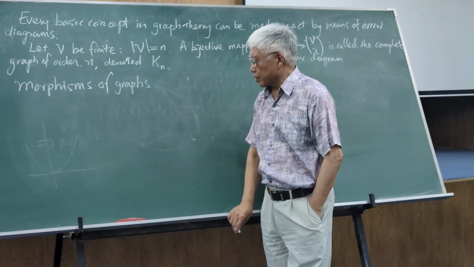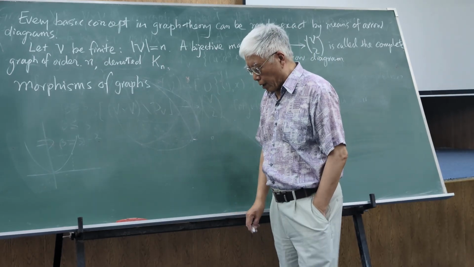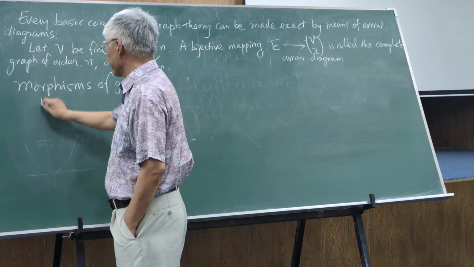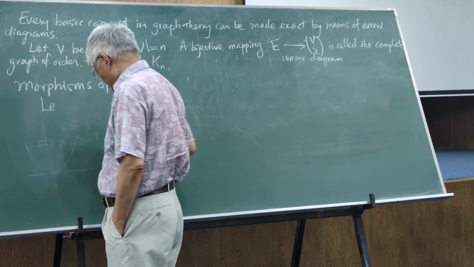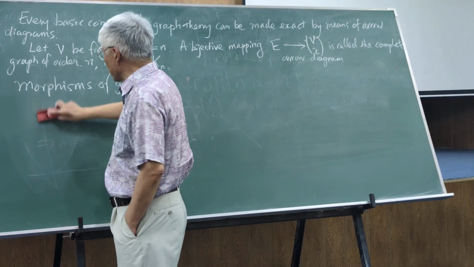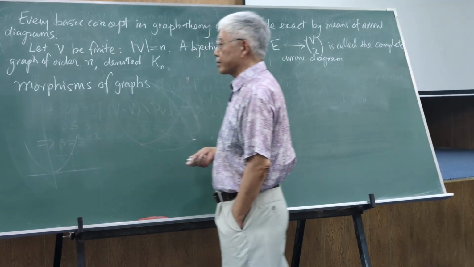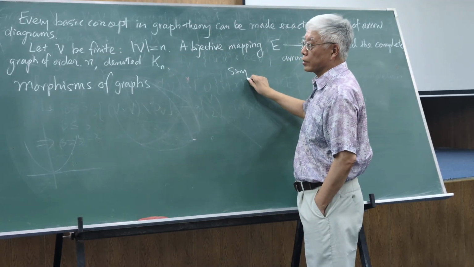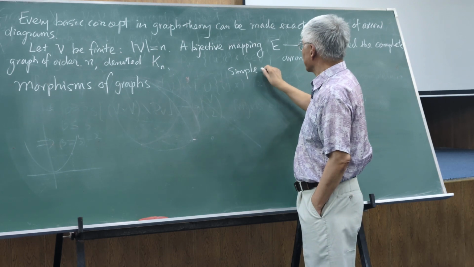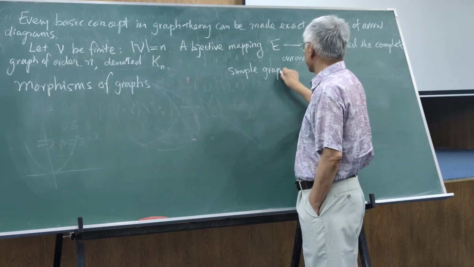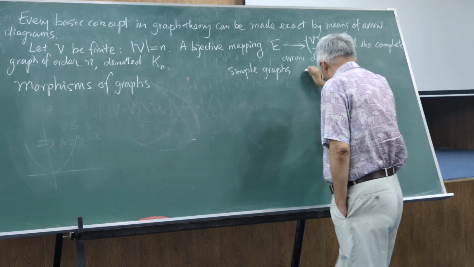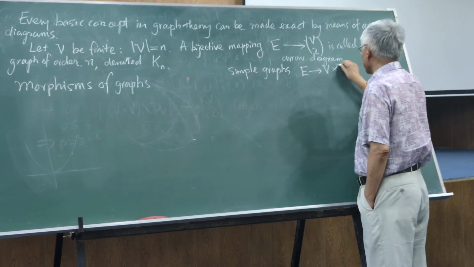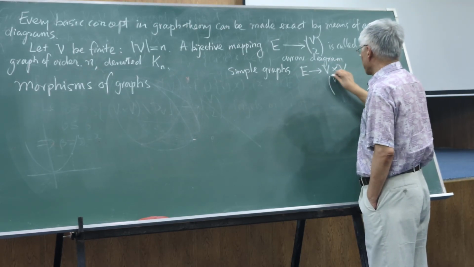So morphism: let X and Y be graphs, because we're now using mappings X and Y. Before this, we need to notice that if we're talking of only simple graphs, we defined it earlier, E to V cross V, or V choose 2.